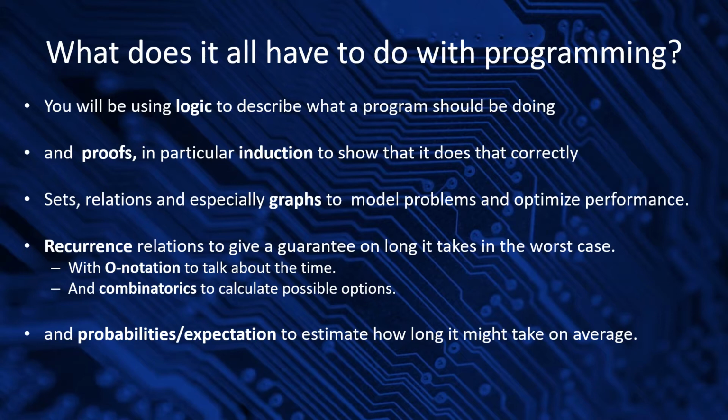Another thing that you will see a lot of is what they call discrete structures, such as sets, relations, graphs, and so on. We've seen a ton of those. Probably the main thing that you're going to see is how they're used to model problems.